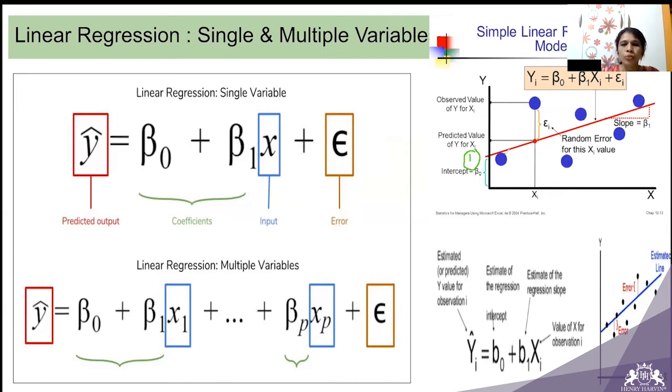So what we are trying to find out is actually the error. In this case, at least it is touching, so just leave it off. Come over here. You can see that this is the actual value. But when you draw a line, this is going to be the predicted value.